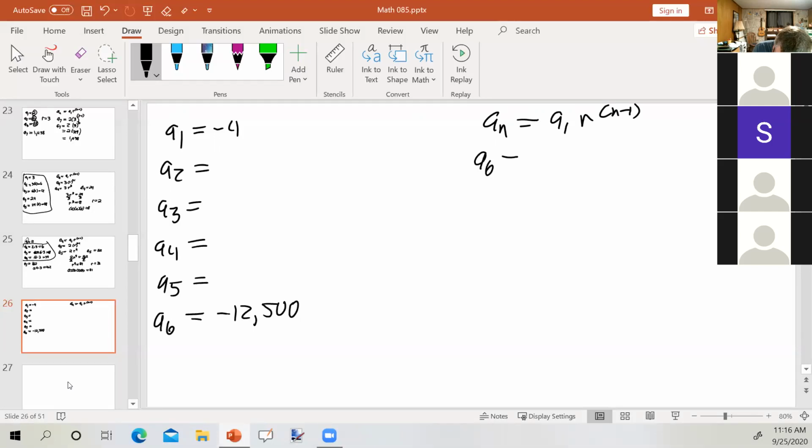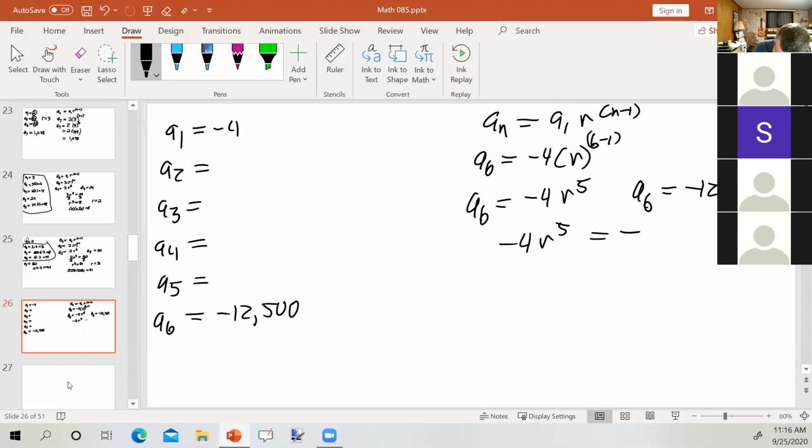A sub 6 equals a sub 1, which is -4 times r to the 6 minus 1 power, which means a sub 6 equals -4r to the 5th power. But we also know that a sub 6 is -12,500. So that means -4r to the 5th equals -12,500.